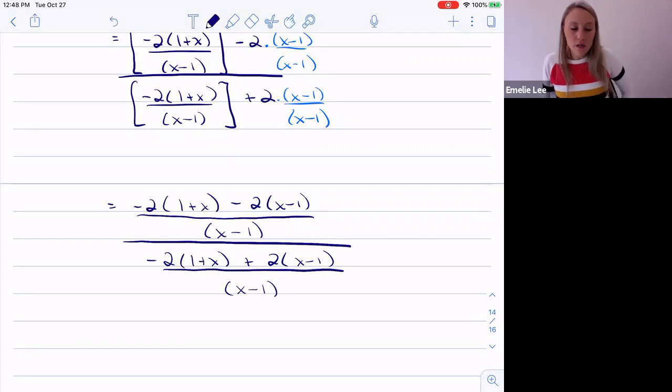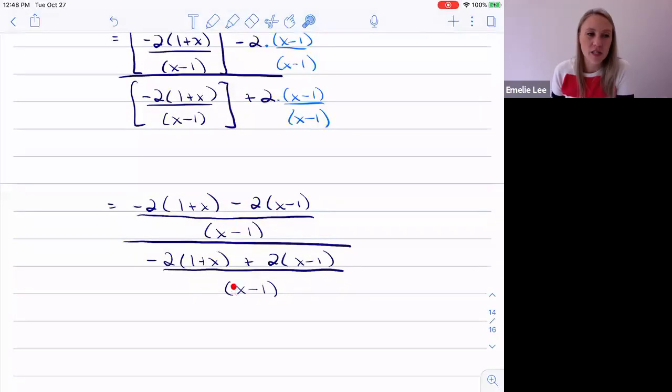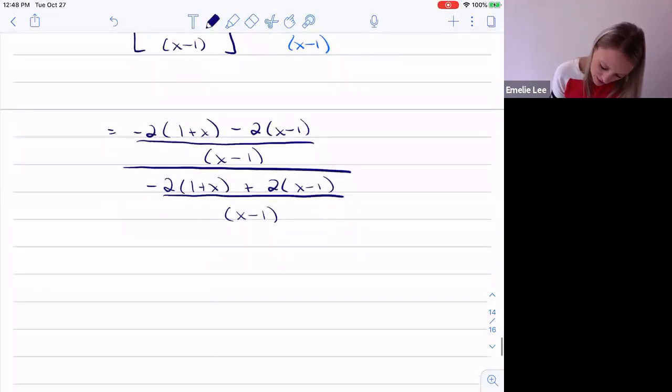So I can simplify the fraction in the numerator and the fraction in the denominator. I can simplify these numerators side by side. So I'm going to expand this out and see if anything cancels out. It usually does.